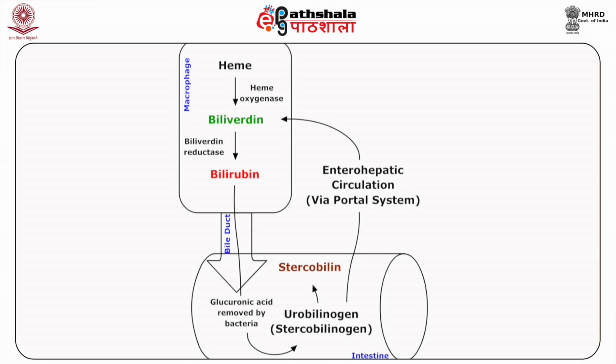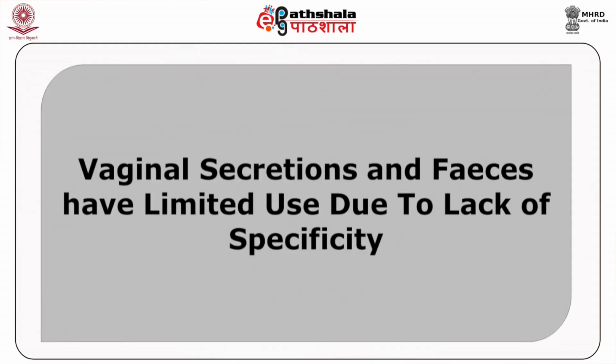About half of the urobilinogen is excreted in feces. Urobilinogen is frequently tested in order to confirm the presence of fecal stains. Forensically, vaginal secretions and feces have limited use because of the difficulty in analysis and lack of specificity in many forensic situations.